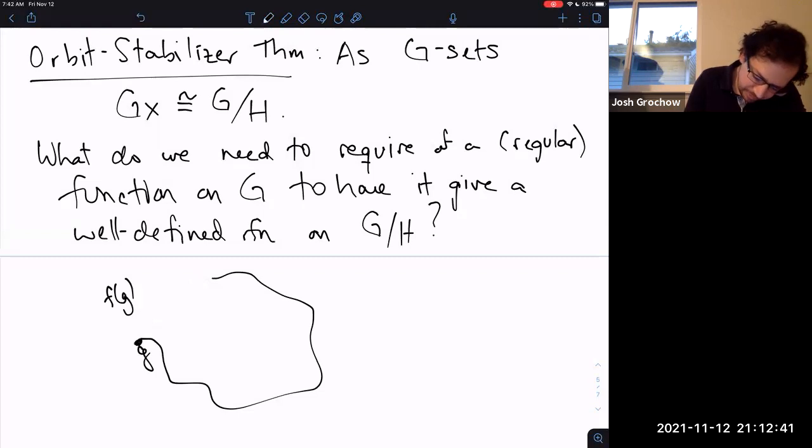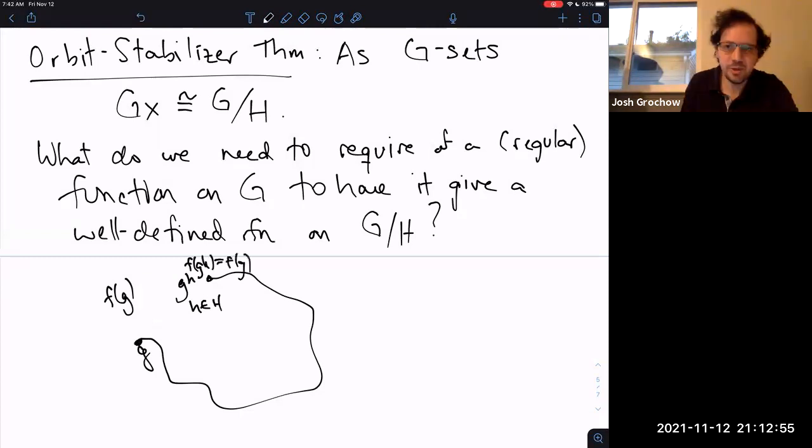So now what I want to say is, even if I land at gh, for some h in H, the value better be the same, because I need it to be well defined on these cosets.